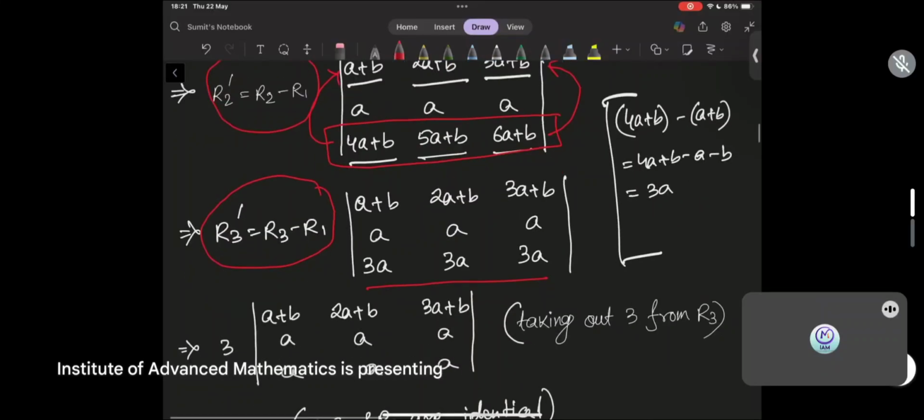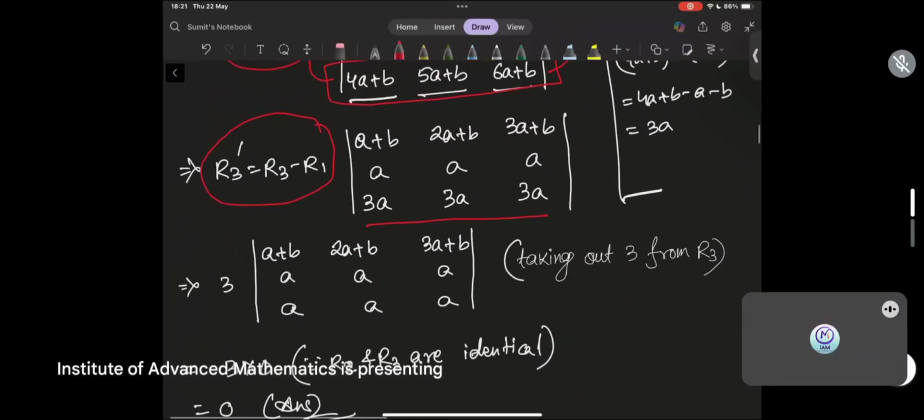Next, if you take common 3, then it will come a plus b, 2a plus b, 3a plus b. I have taken common 3 from row 3, already it is written that taking out 3 from R3.